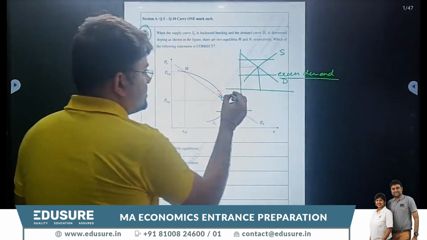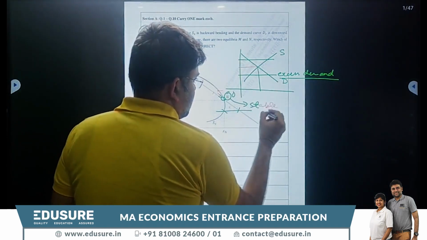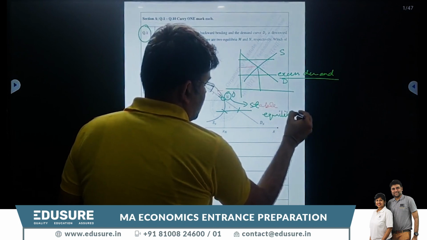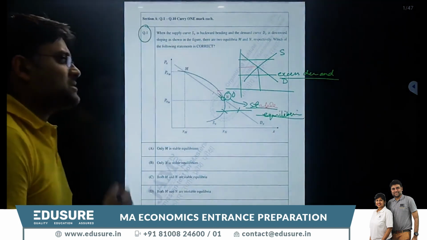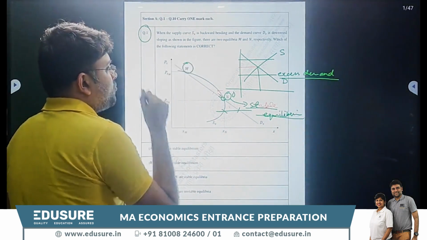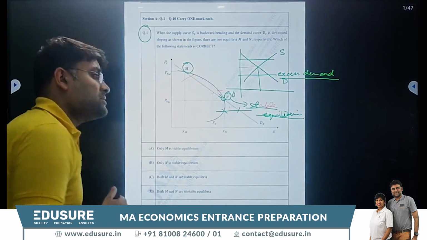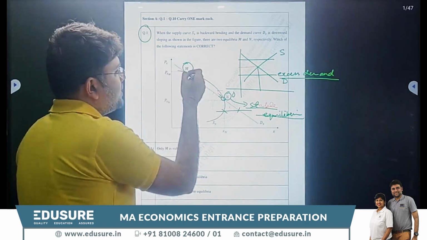Okay, so N is definitely a stable equilibrium. What about M? In M, what we see is here we have excess supply. Excess supply will not increase the price, it will decrease the price.